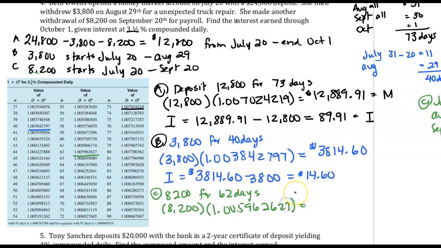And when we multiply, I get a maturity value of $8,248.89. And then to calculate the interest, we'll subtract away the amount that was invested and get a total of $48.89.